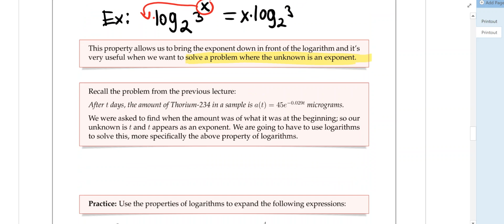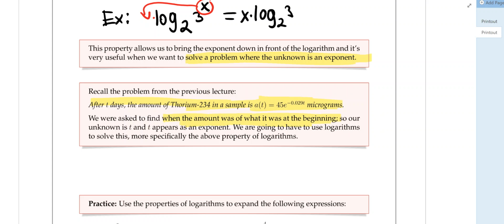We had a homework problem that said that after t days, the amount of thorium in a sample is given by this equation, and you are asked to find when the amount halves.